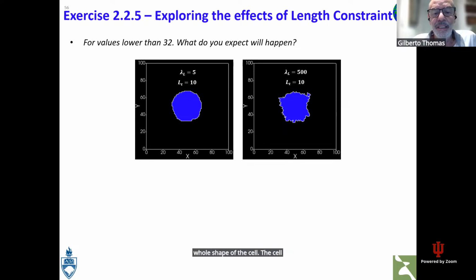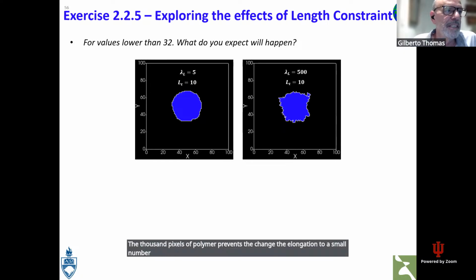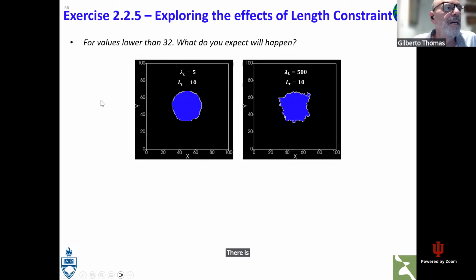The cell freezes because of the volume constraint, there is no way to shrink the cell anymore. The 1,000 pixels of volume prevent changing the elongation to a small number. So the cell freezes. There is no way to satisfy the plugin.